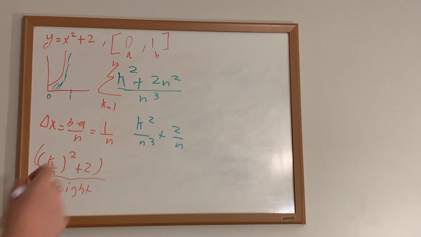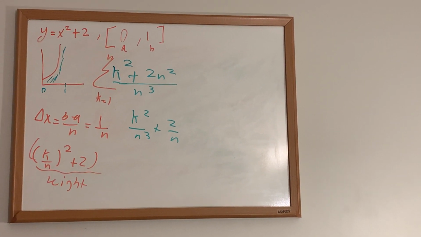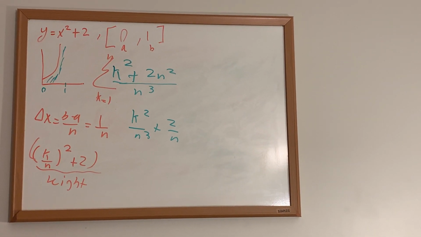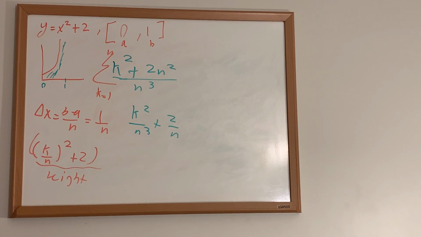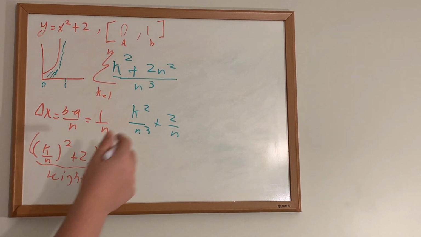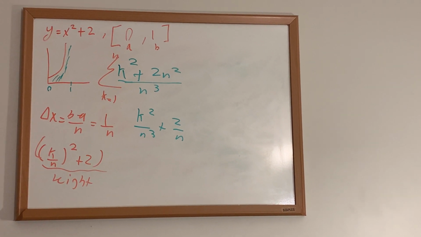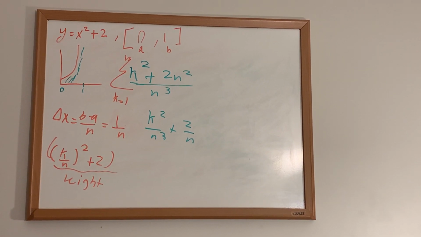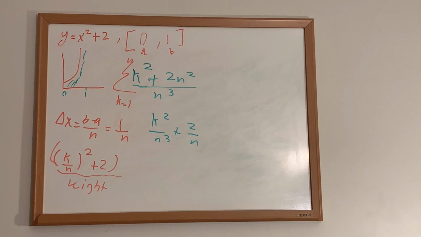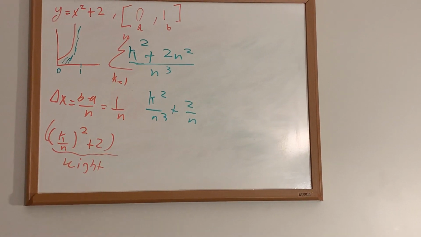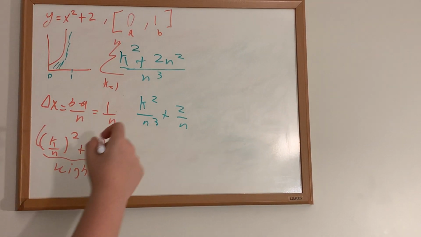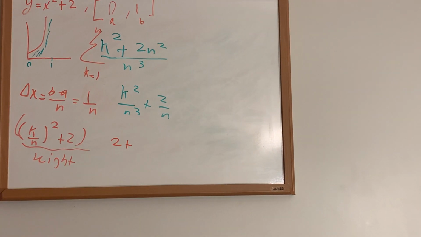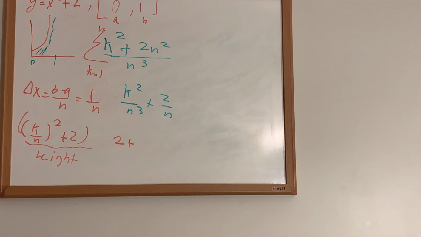I'm going to first take the sum of 2 over n, because we want to take the sum with respect to k, and 2 over n is another variable. We can take 2 over n outside of the sum and we're left with 1. So the sum of 1 from k equals 1 to n is just n, and n times 2 over n is just 2. So one part of the answer is 2.